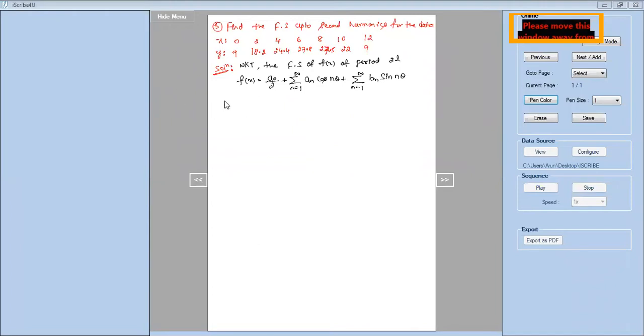So this is the Fourier series expansion of f of x whose period is 2L. For 2 pi period, you get x here, cos nx, sin nx. For 2L period, you get theta, cos n theta, sin n theta. So this is the general Fourier series expansion.